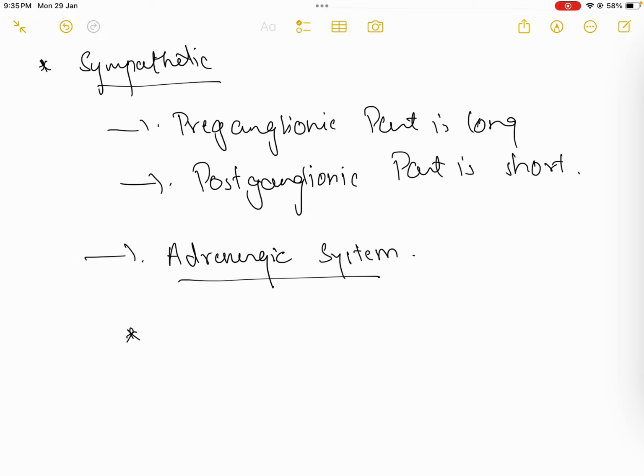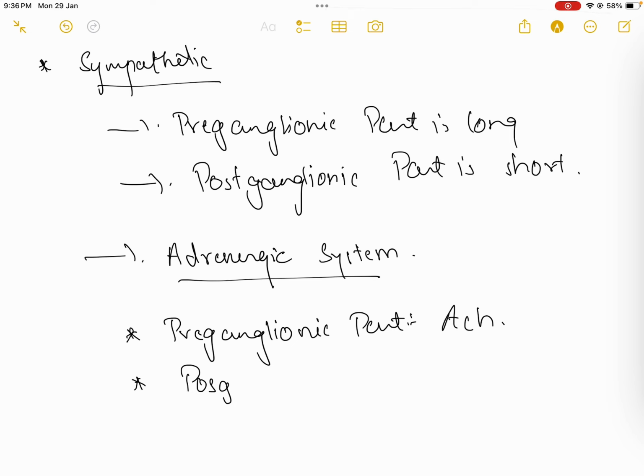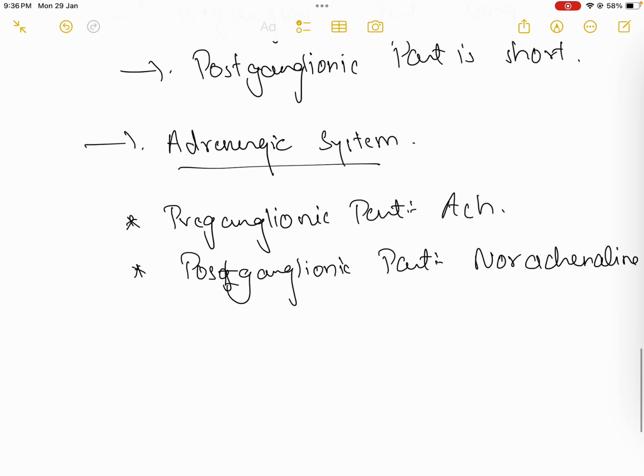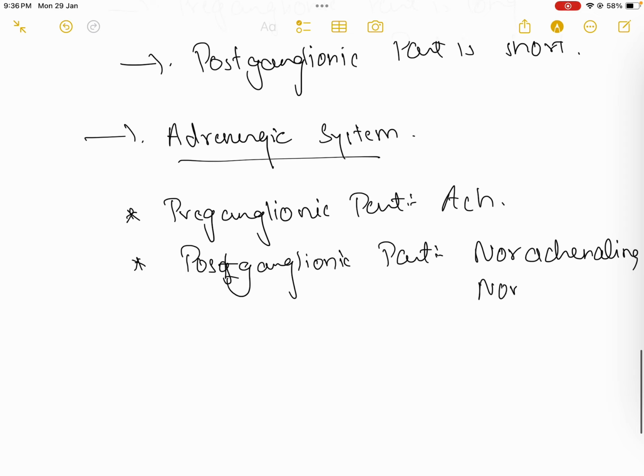But in the adrenergic system, in the preganglionic part the neurotransmitter is acetylcholine, but in the postganglionic part it is either noradrenaline, as you know the methylated form of adrenaline, or norepinephrine.